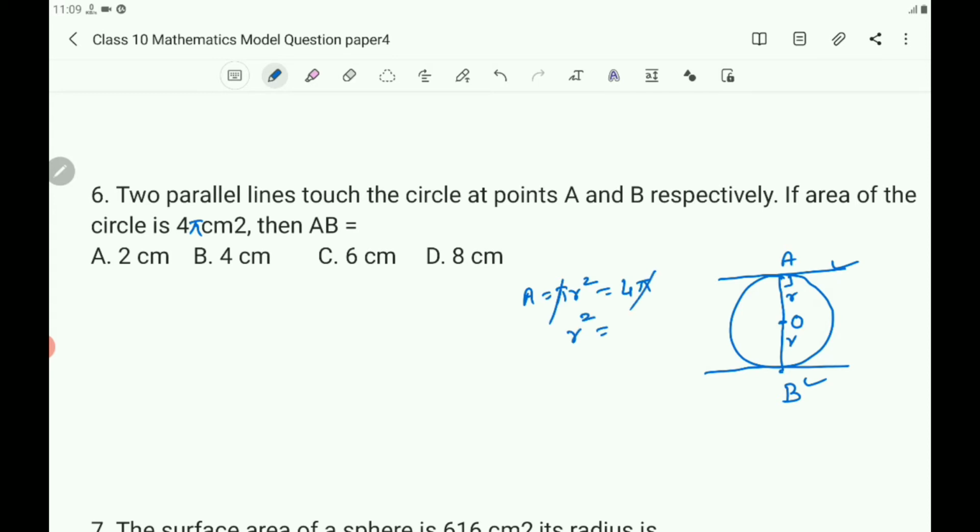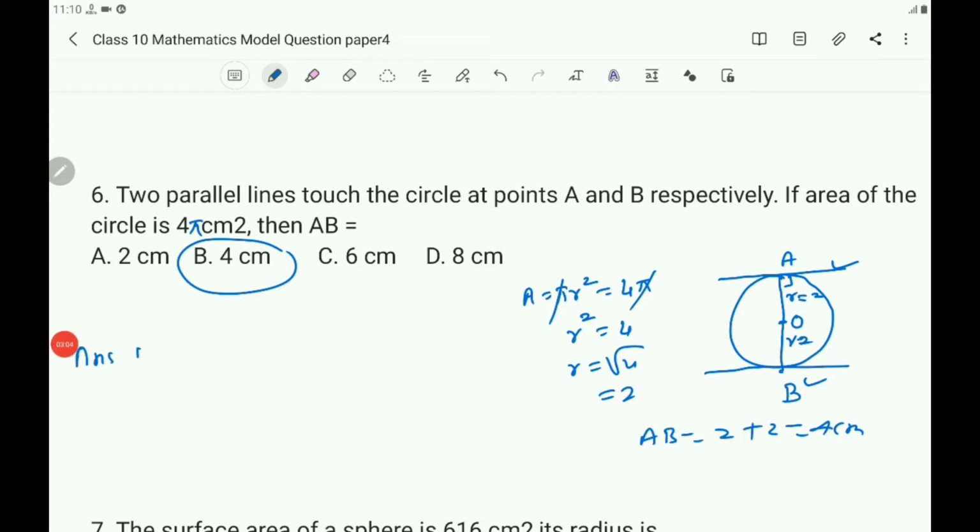What is remaining? R square equals 4. So r you will get square root of 4, that equals 2. So you got 2, and this is 2, this is 2. So AB is equals to what? 4 centimeter. AB is equals to 2 plus 2, 4 centimeter. Therefore you write the answer. Answer is B, that is 4 centimeter.